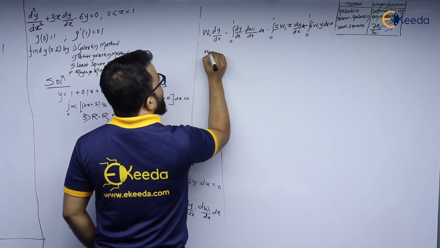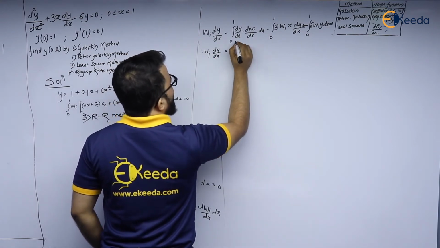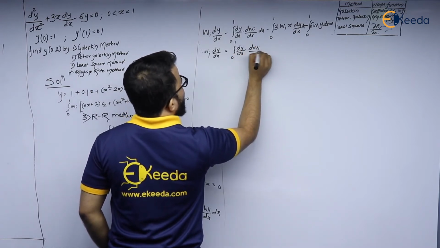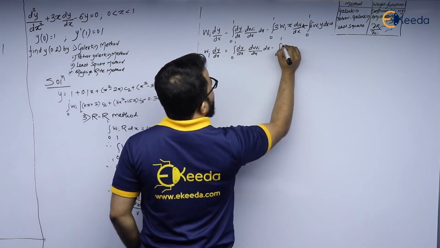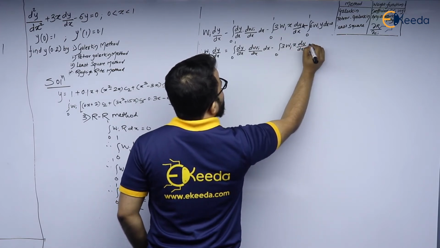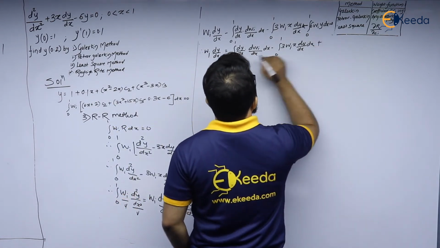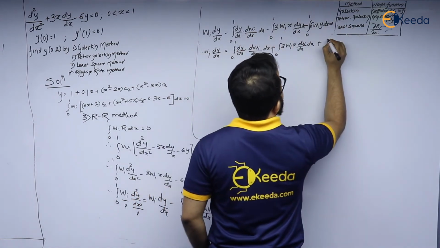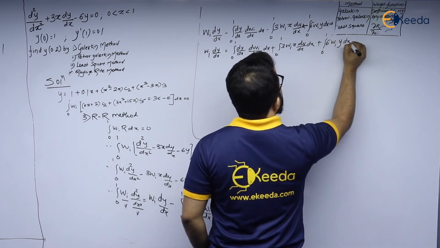My equation looks like Wi dy by dx equals integral 0 to 1 of dy by dx into dWi by dx dx, minus integral 0 to 1 of 3 Wi x dy by dx dx, plus, this also becomes plus because you put this data to the RHS side, integral 0 to 1 of 6 Wi y dx.